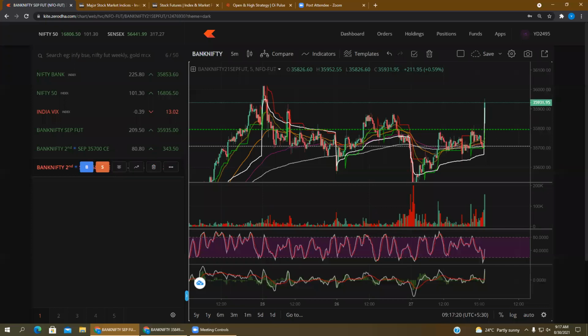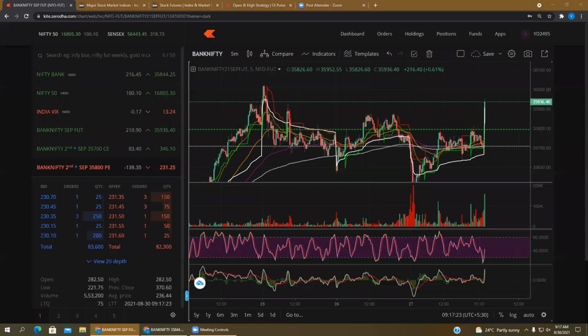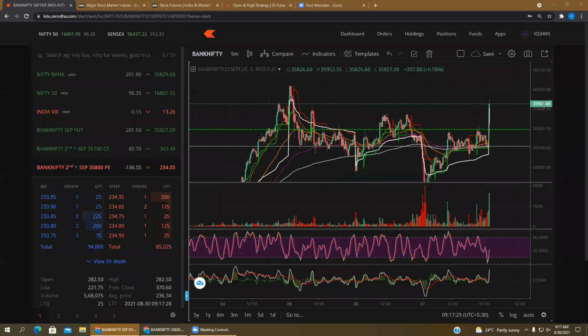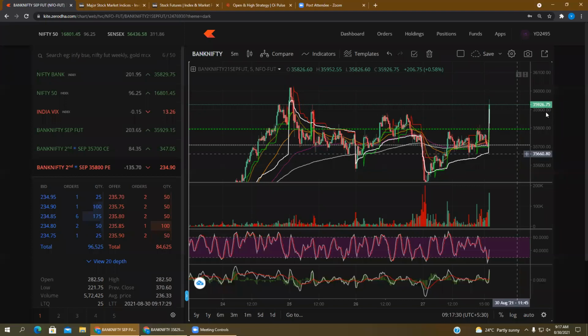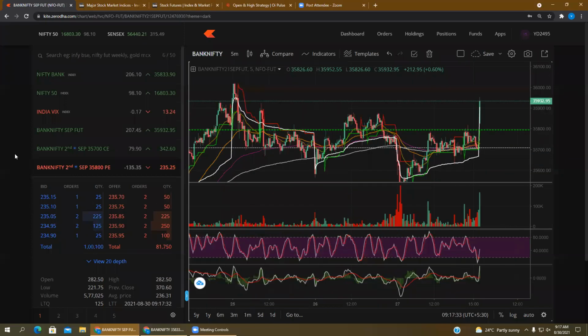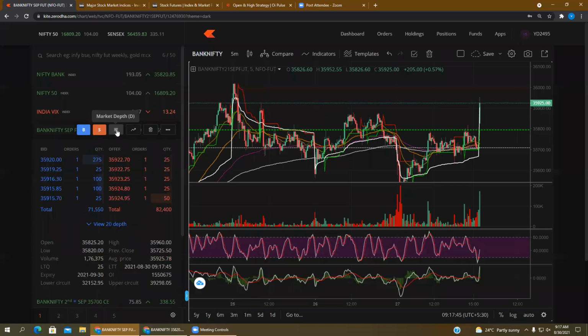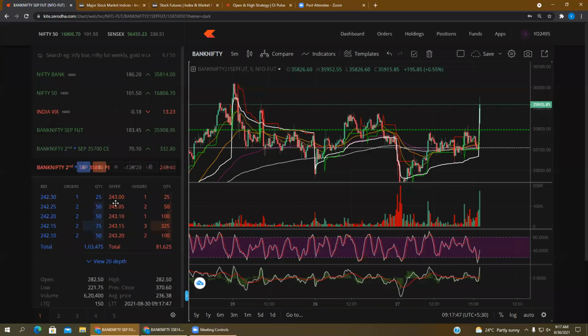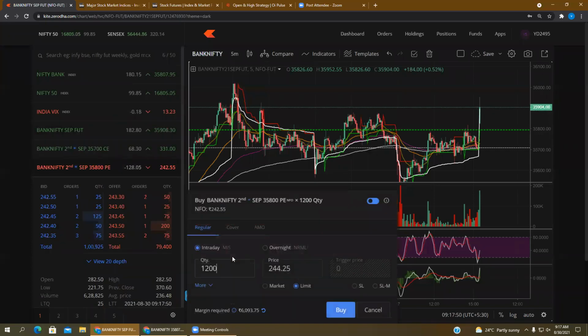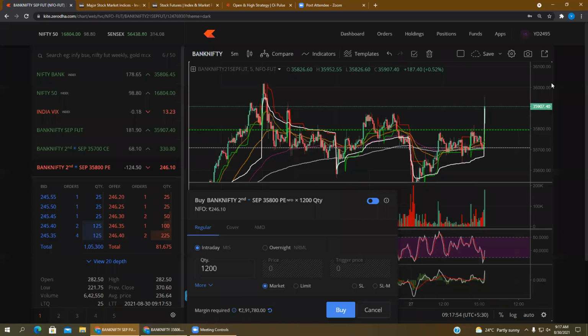I'm just waiting for the 5-minute candle to close. If this candle has to fizzle out, then the puts can be quite good. I'm looking at a put as of now.